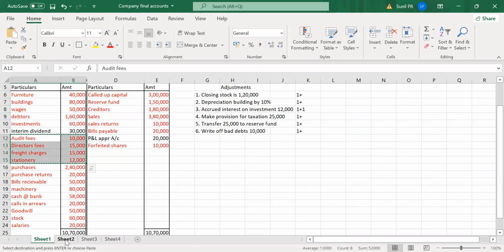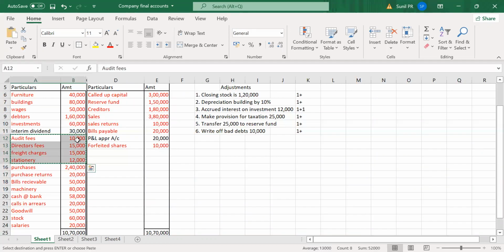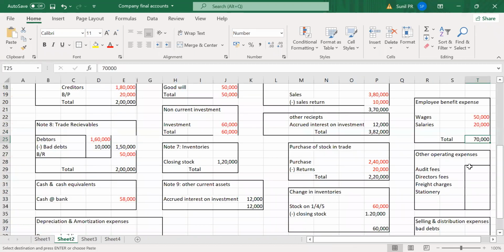So now I'm going to write it here. Audit fees, how much? Audit fees is 10,000, 15, 15, 12. So now you do the total of it. 15, 15, 30, 40, 52,000.